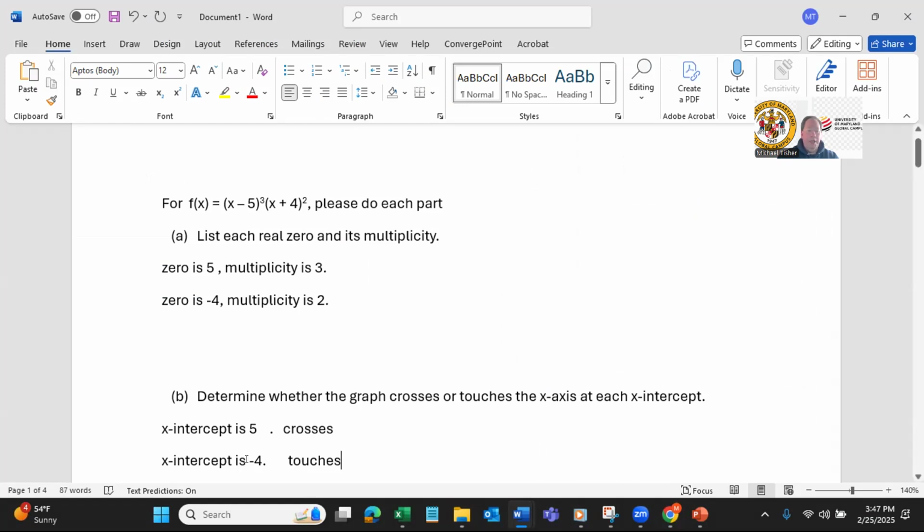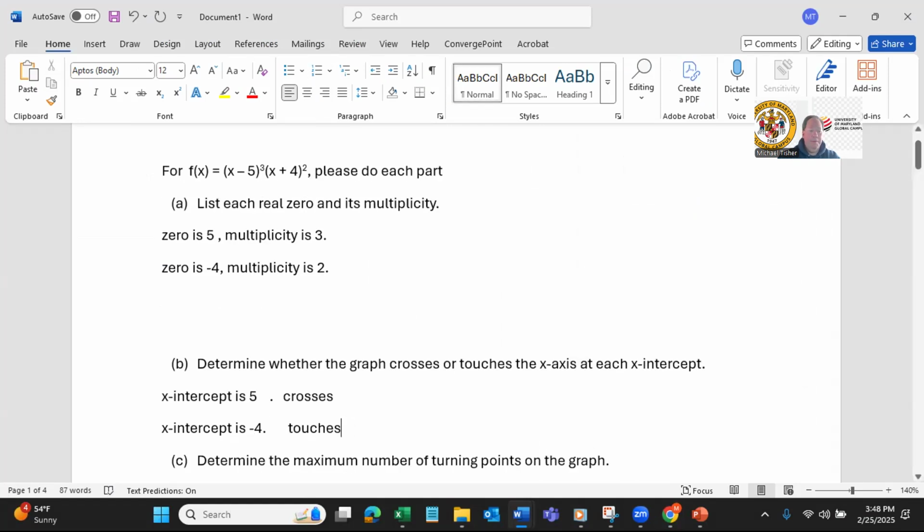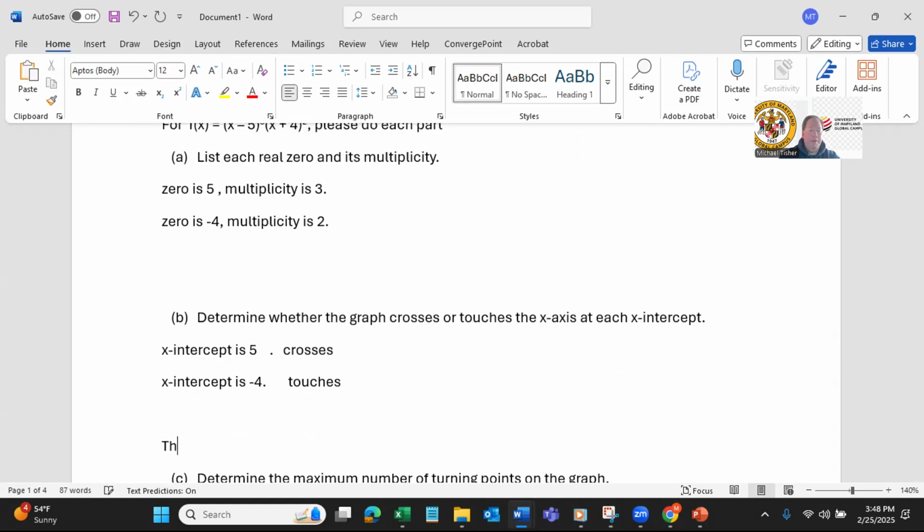All right, so the graph crosses the x-axis when the multiplicity is odd. In this case, the multiplicity of 5 was 3, and 3 is odd, so it crosses, so I'll just write here: the graph crosses the x-axis when the x-intercept has odd multiplicity.